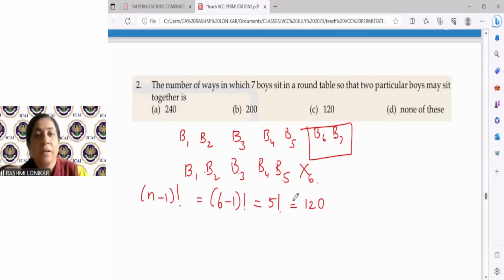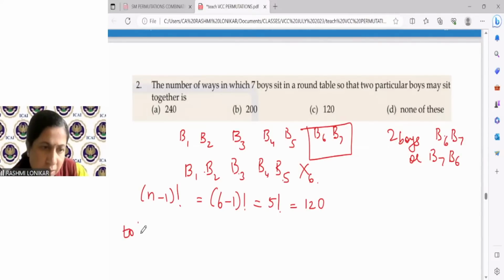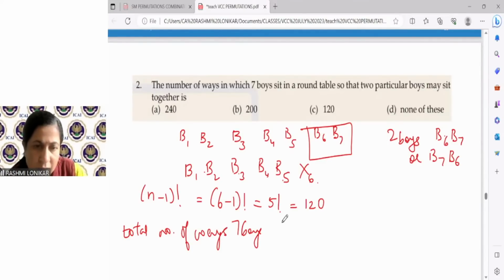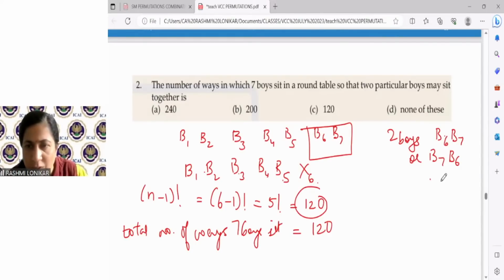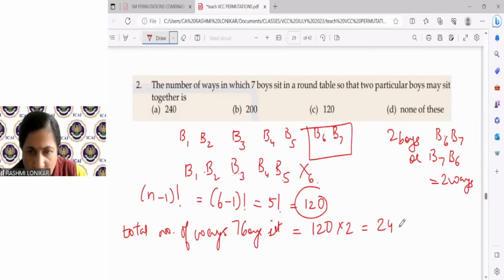Now, these two boys can sit as B6, B7 or B7, B6. They can sit in this order. So the total number of ways the 7 boys can sit will be equal to 120 into 2 ways, which is equal to 240 ways.